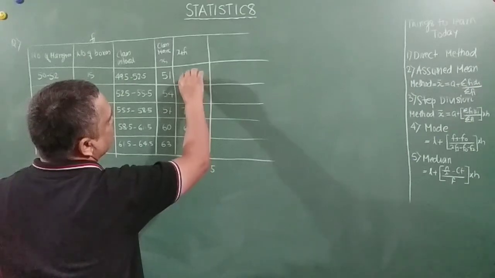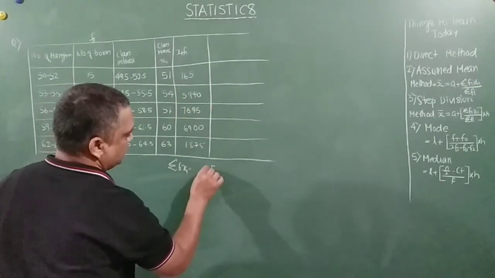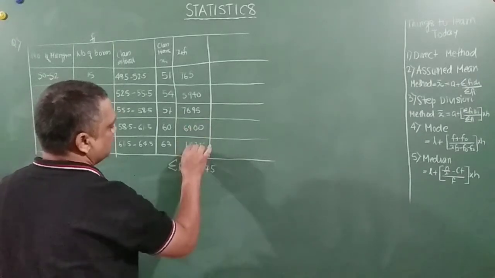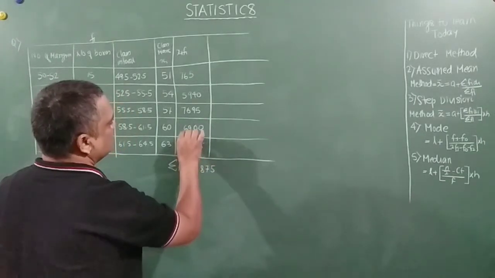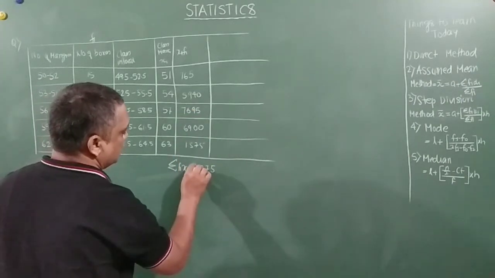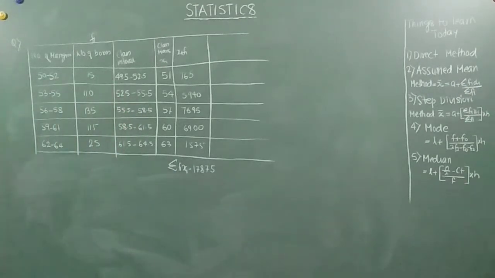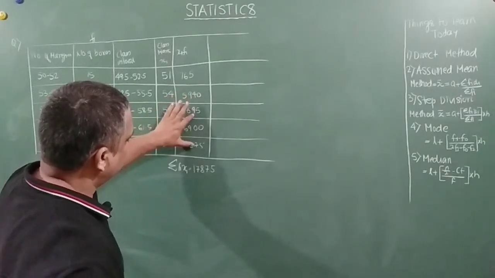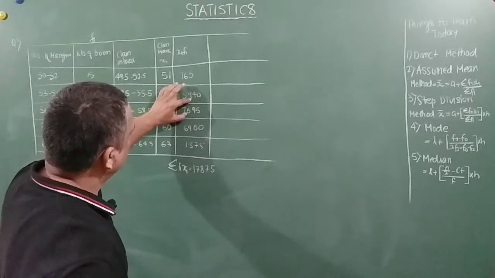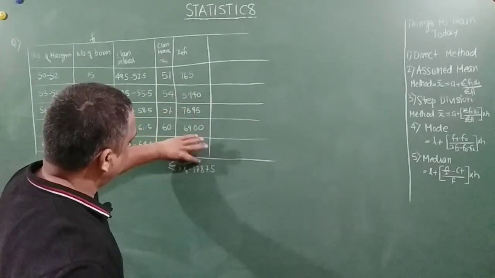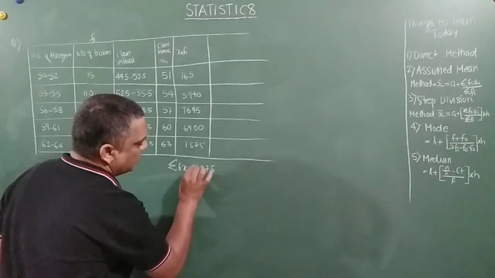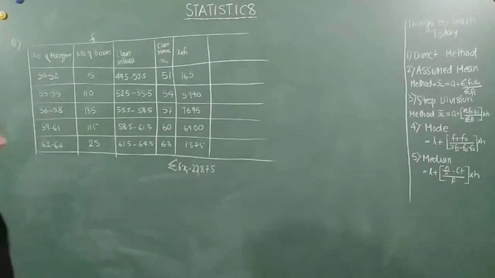Remaining is 1. Two, right? I missed it out. So 22875.